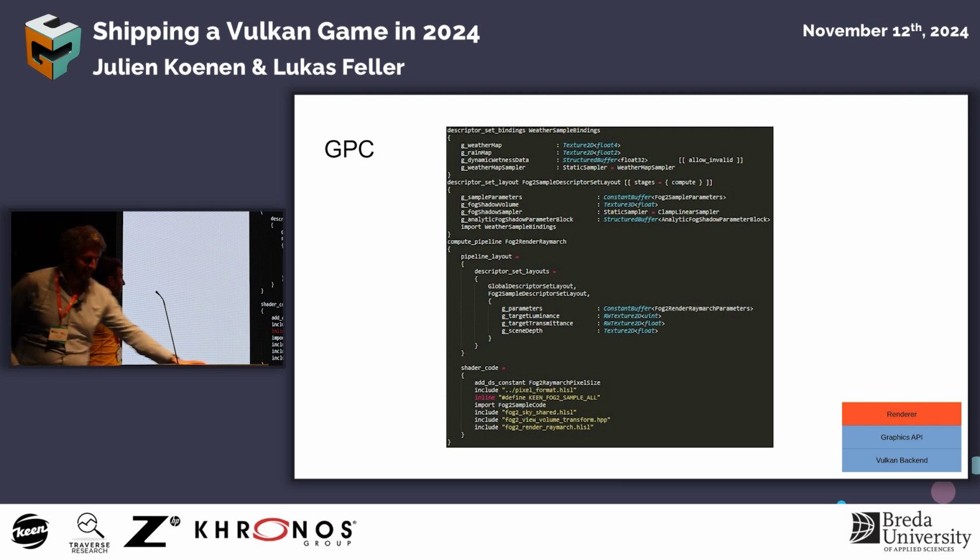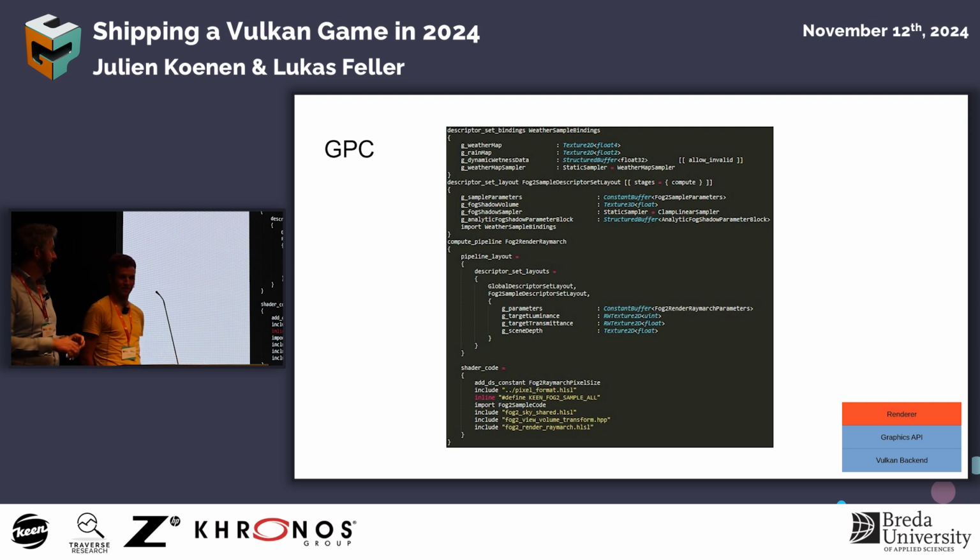So as Julian said, GPC is our custom, domain-specific language to declare everything that goes into graphics or compute pipelines. Earlier we had a manual approach where you would write HLSL files, put them into our asset pipeline to compile them to SPIR-V, and then load them manually in C++ code.